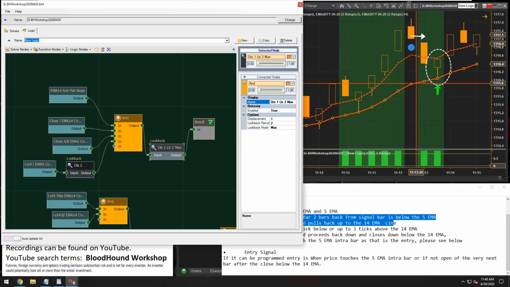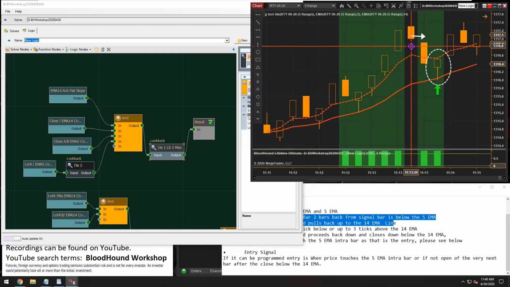There. So we've taken this pre-qualification signal here, and we extended it forward 2 bars. So the signal we had here got shifted 1 bar and then also extended an additional bar.